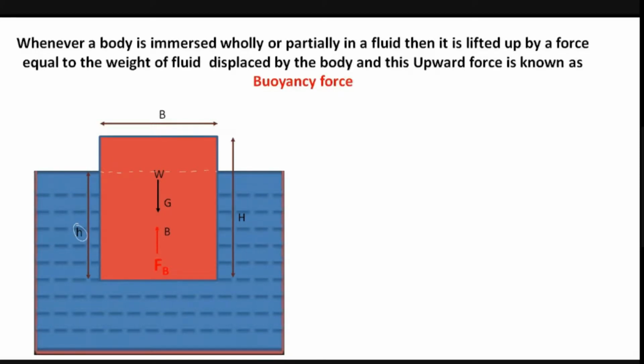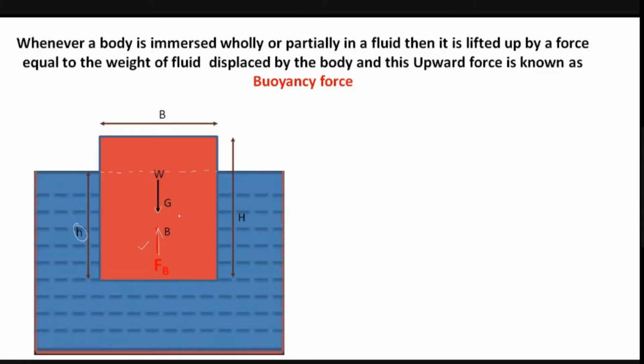When you insert any object in the fluid, it displaces fluid equal to the weight of the object, and it also creates an upward force equal to the weight of the fluid displaced. That force, acting in the upward direction while the weight acts in the downward direction, is called the buoyancy force.